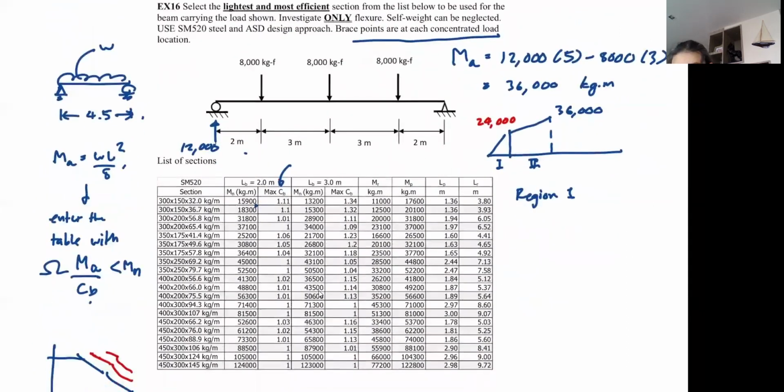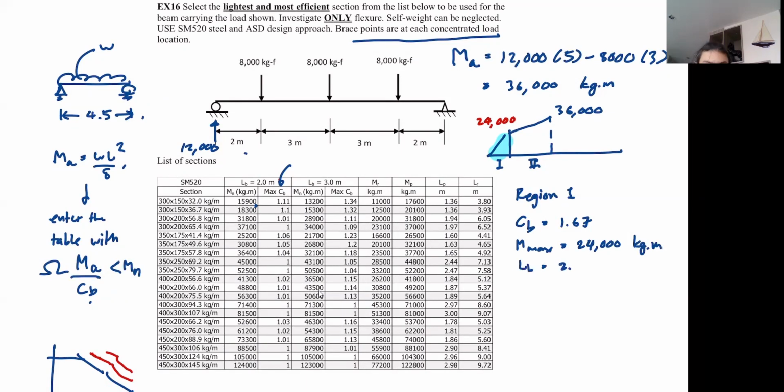So that means at region number 1, I can recognize right away that this is the triangle. So I now know that CB here is 1.67 right away. And my M max here is only 24,000 kilogram meter. And my unbraced length is 2 meters.